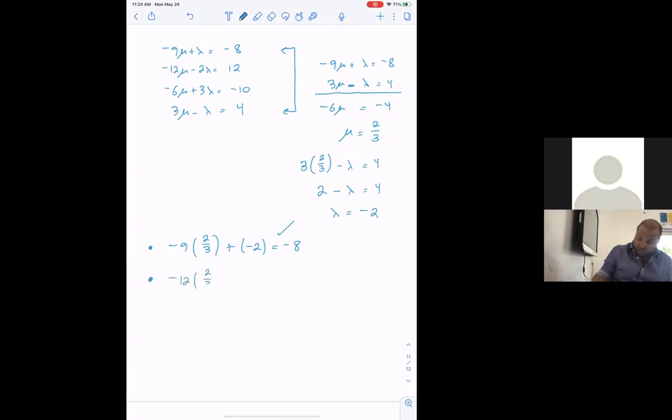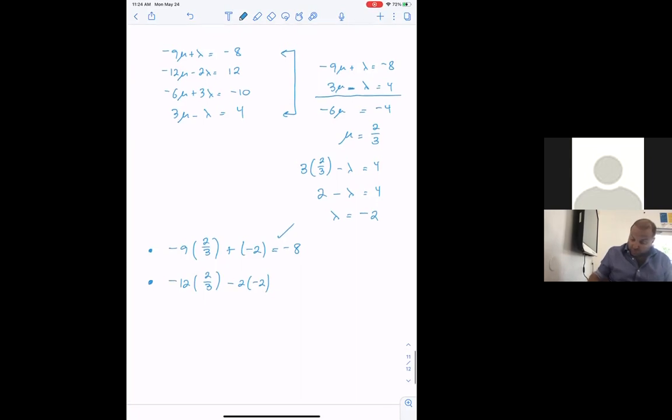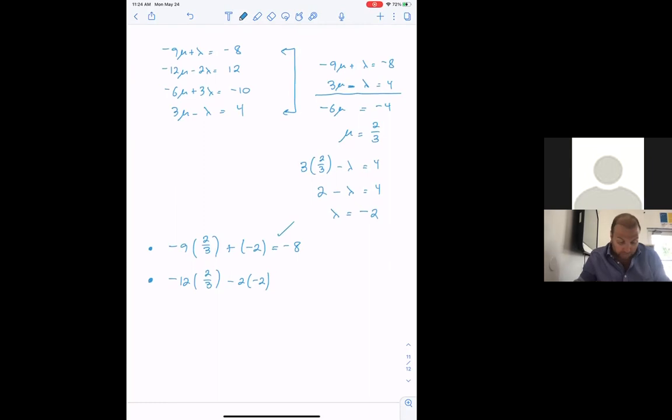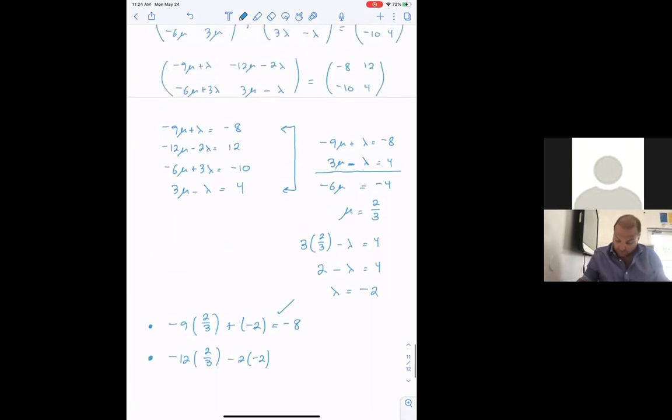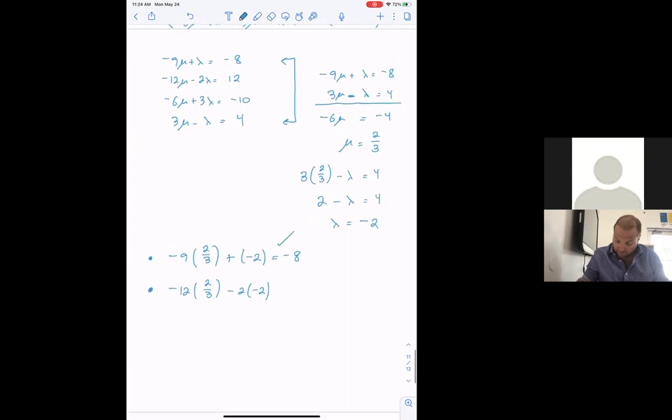-12 times 2/3 minus 2 times -2. -12 times 2/3 is -8. -8 minus -8 plus 4 is negative. Did I make a mistake somewhere? Well, that's embarrassing. Let's go back, check my work. -12 mu minus 2 lambda.